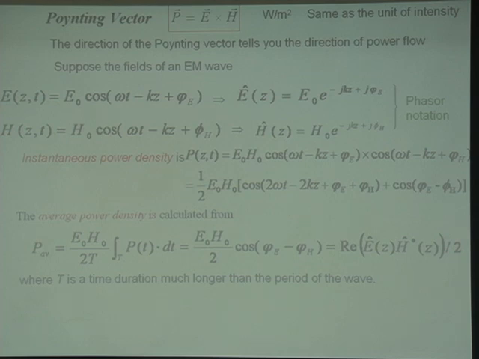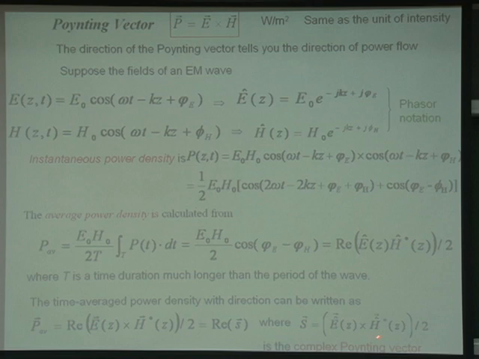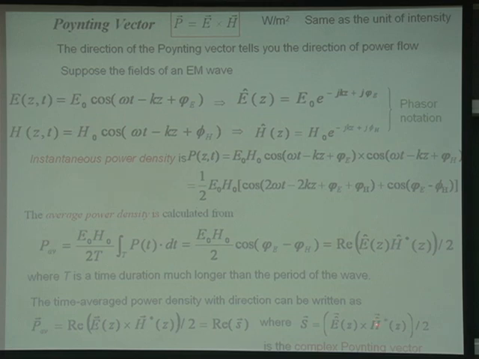OK, what is different from the IV? Electric field and magnetic field have a direction. So this Poynting vector, this power density, has a direction. So we somehow have to do this calculation: this complex Poynting vector is equal to the phasor of E cross product with the phasor of H conjugate divided by 2, and take the real part of it.